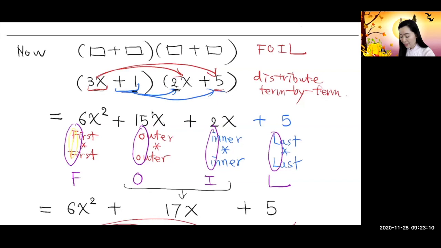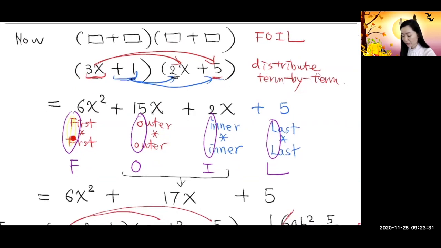Now you take this 1 and distribute. 1 times 2x is 2x. Notice that they are the inner ones, so inner. And the last one, we use 1 times 5. This is the last term in this binomial and this is the last term in this binomial. We multiply them, so it's last. If you take the first letters, that spells FOIL.